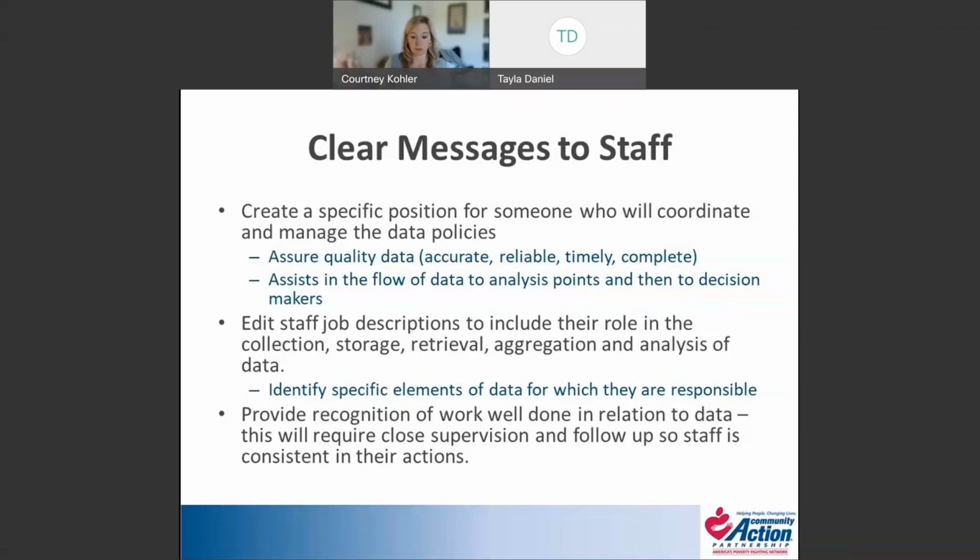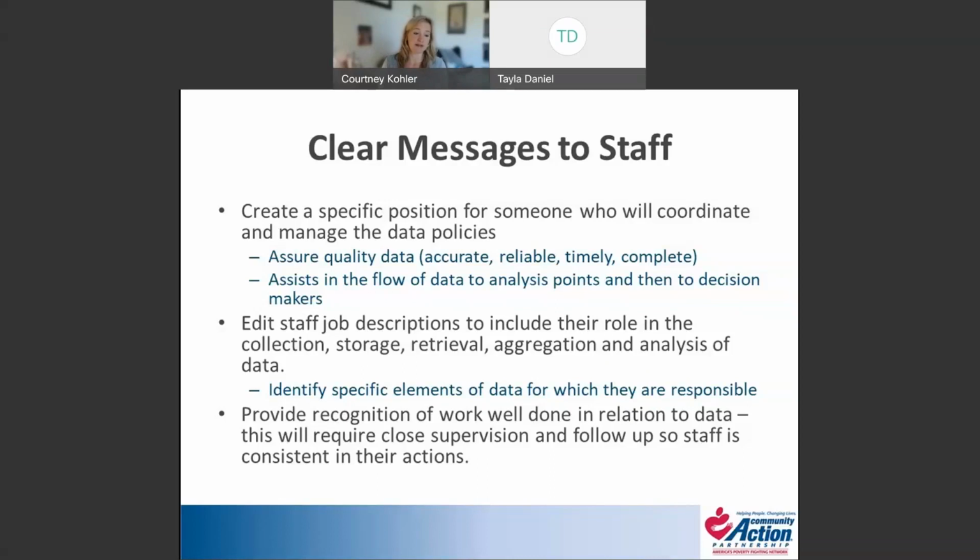You might not have one person whose primary role that is, but maybe you have identified someone in your organization that's really good at process improvement, being able to create systems and policies and procedures. That person might have a natural strength, and maybe some of their job duties relate to data collection, and things like that. And so that would be a good person to take on that responsibility.